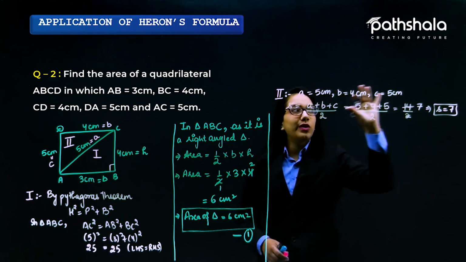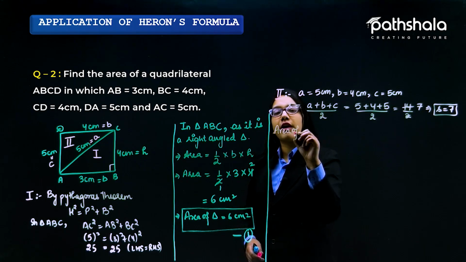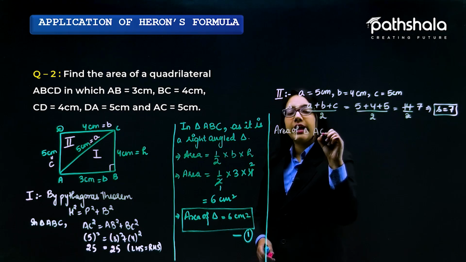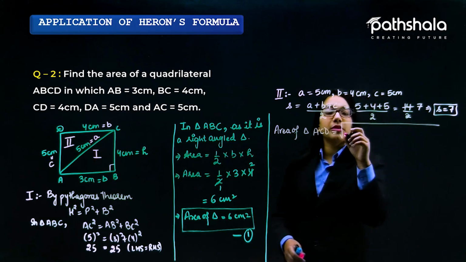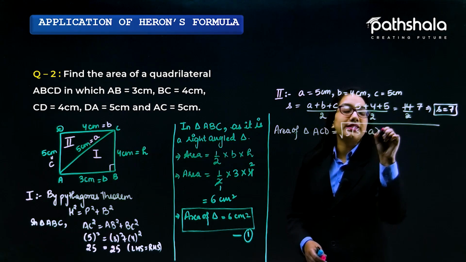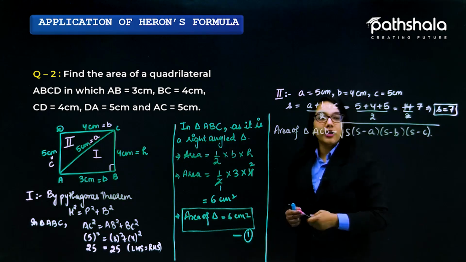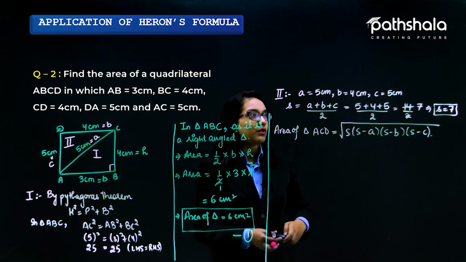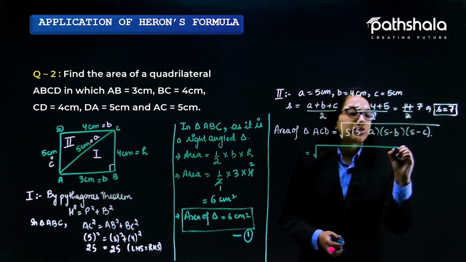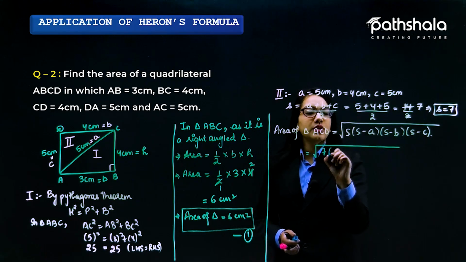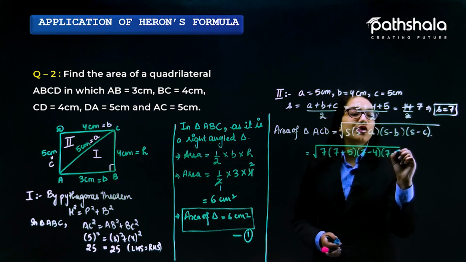Let's substitute all these values in Heron's formula. The area of the triangle, by using Heron's formula, is equal to the square root of S into S minus A, S minus B, S minus C. Let's plug in all the values of S, A, B and C. S is 7, so this is 7 minus 5, 7 minus 4, and 7 minus 5 again.